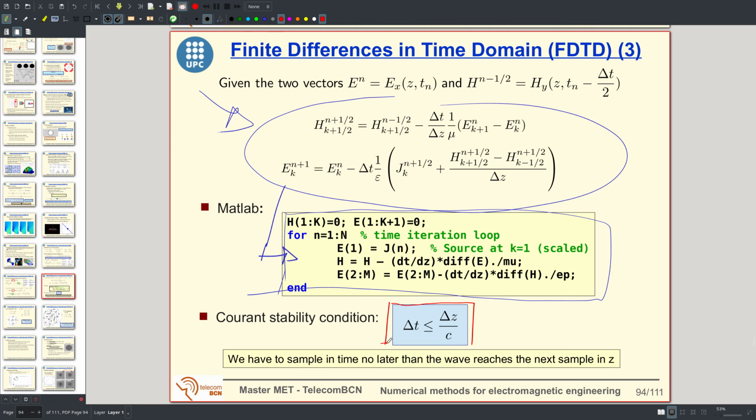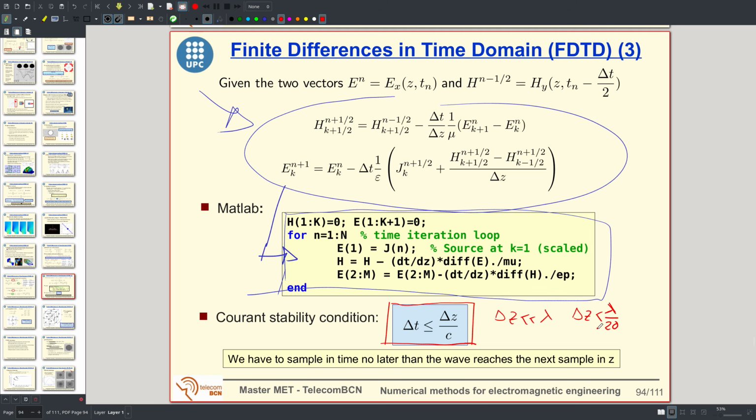You know that the sampling in space must be much smaller than the wavelength to correctly sample the phase of the waves, and often we use steps smaller than lambda over 10 for integral equation methods and often smaller than lambda over 20 for differential equation methods.